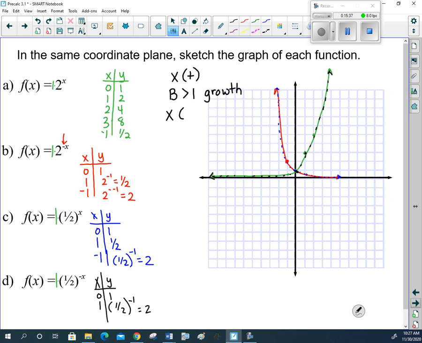And when x is positive and b is less than 1 and greater than 0, it's a decay.